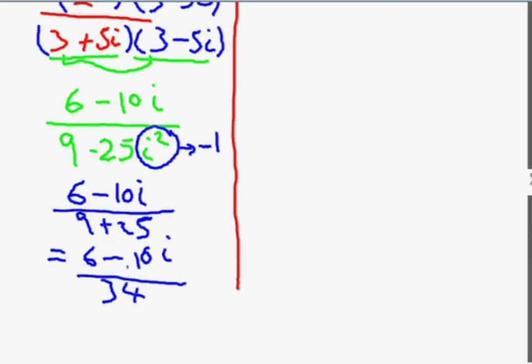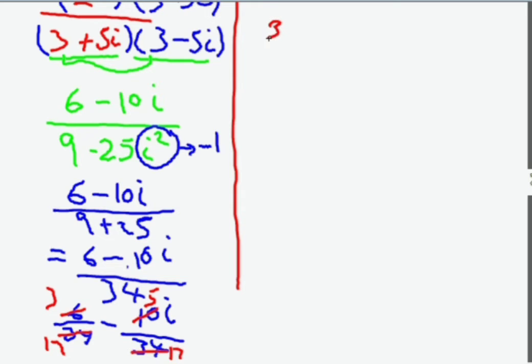So you get 6 over 34 minus 10i over 34, and you still can simplify this expression because you can divide by 2: 3, and divide by 2: 17, divide by 2: 5, divide by 2: 17 also.